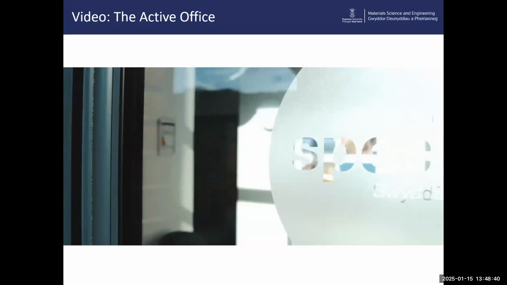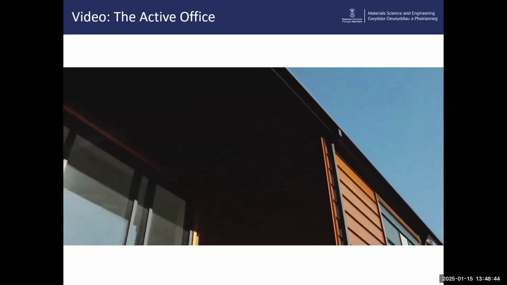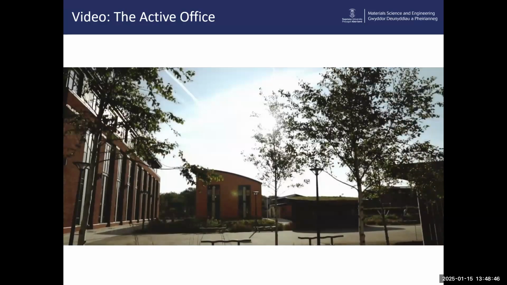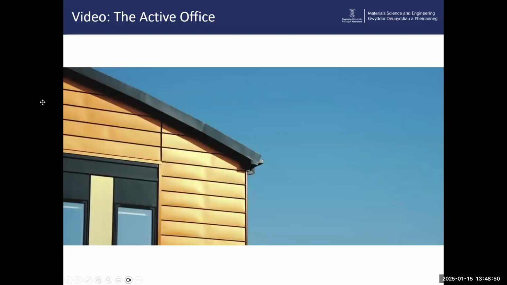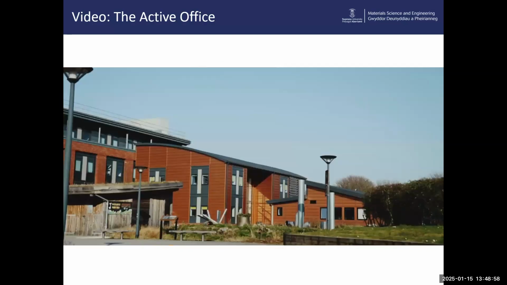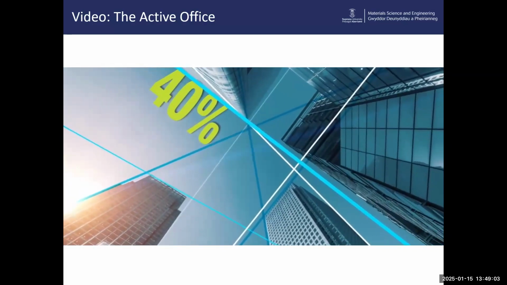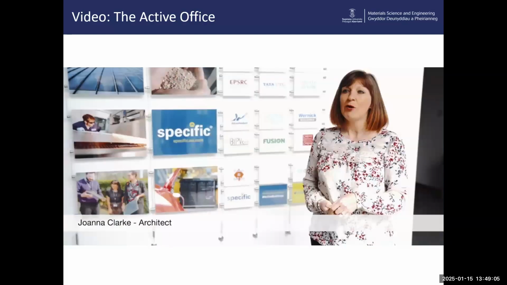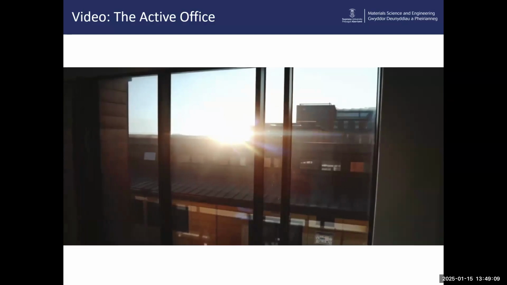The Active Office is the latest building in Specific's full-scale demonstration programme, which aims to test and prove the active buildings concept in a range of building uses. Buildings currently account for around 40% of UK energy consumption. So in order to help tackle this problem, the office is designed to generate more energy than it uses over an annual cycle.